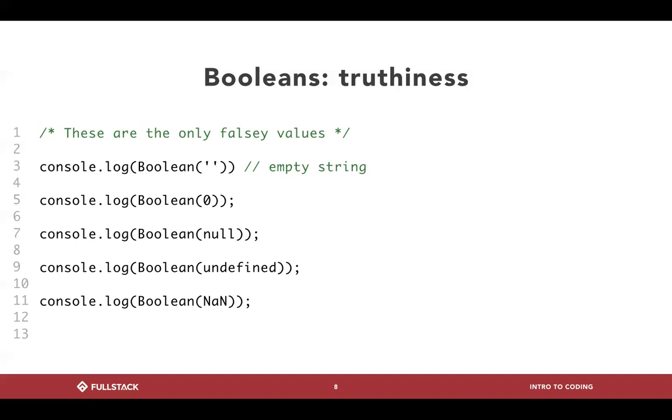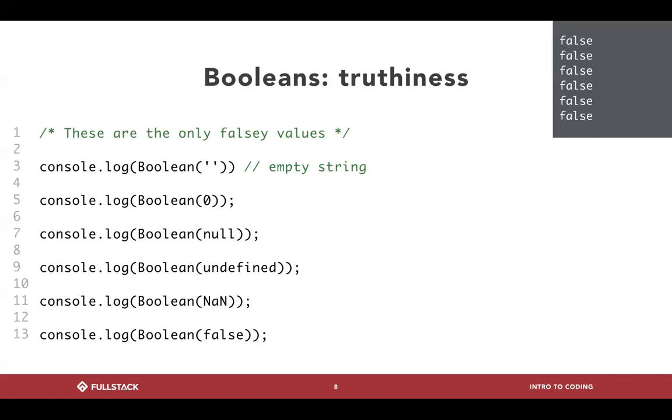A lot of times this is a result of trying to coerce something that is not a number into a number. We really won't get into that in this course, but just know that NaN also coerces into false. So if I console log all these out, it'll be false. Oh, the Boolean value false also coerces to false. So all of these are false.